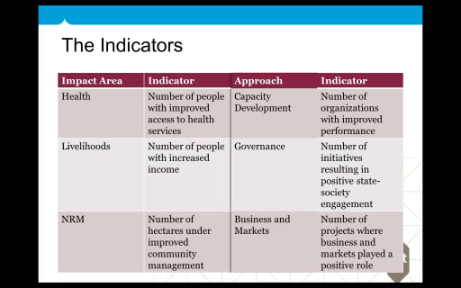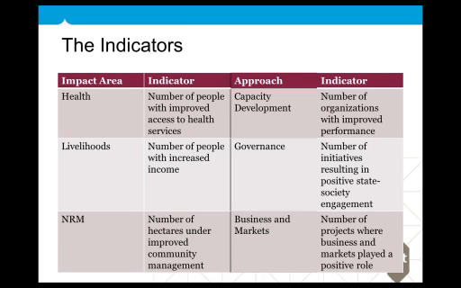How we've landed on describing PACT's reach is through six indicators, one for each of PACT's impact areas and one for each of PACT's approaches. Just to briefly review what the actual indicators are: the health indicator is the number of people with improved access to health or social services. The livelihoods indicator is the number of people with increased income.